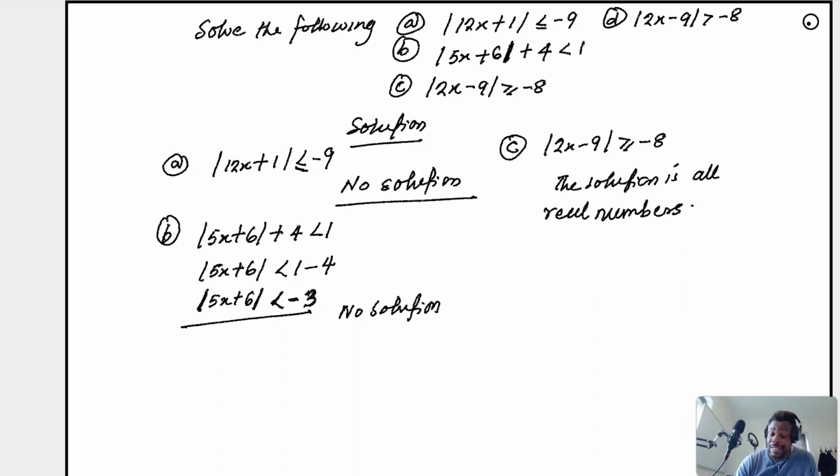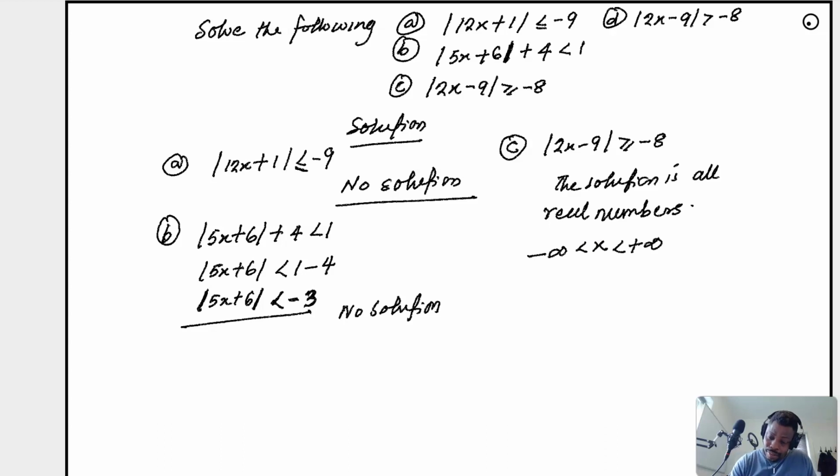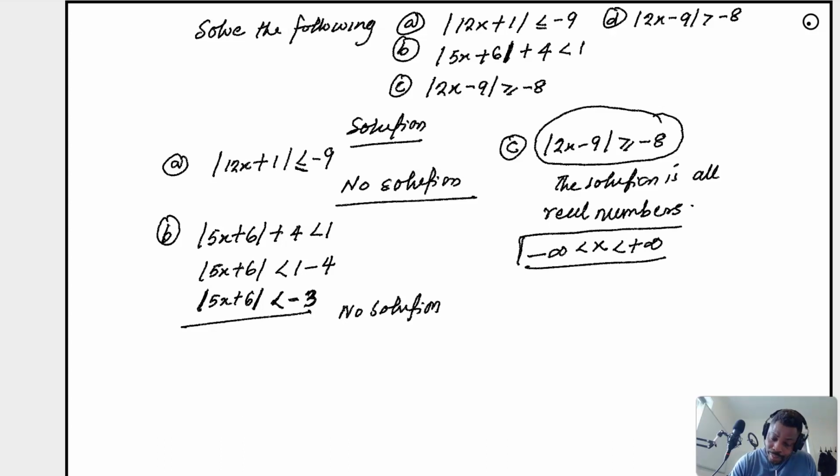And all real numbers in this case, you can write it like this. Any x value you choose between minus infinity to plus infinity will satisfy this inequality. So this is the solution to that.